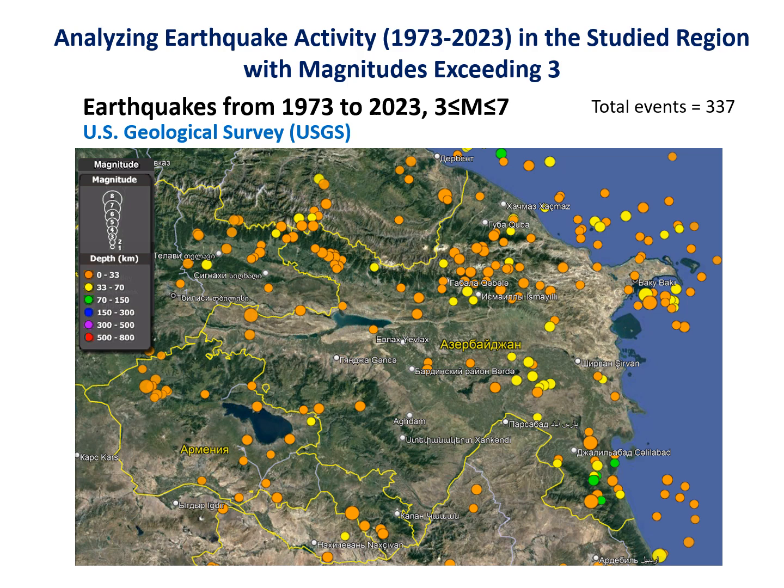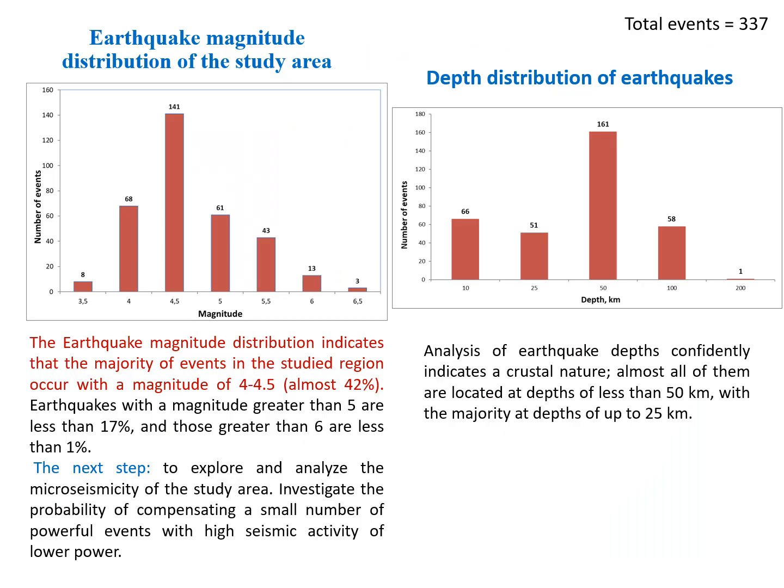influencing their seismic vulnerability. At the first stage, we analyzed the seismicity of the study region according to the US Geological Survey. On this slide, we see earthquakes from 1973 to 2023 with a magnitude greater than 3. The left figure illustrates the earthquake magnitude distribution of the study area. The right figure displays the depth distribution of earthquakes.